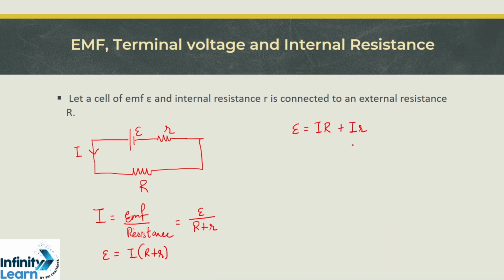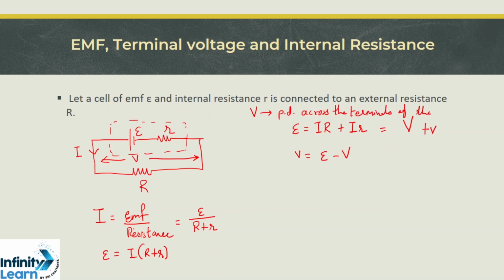I into small r, as already discussed, is nothing but the voltage drop due to internal resistance, and I into capital R will be the voltage drop across this resistor, or you can say it is the potential difference across the terminals of the battery, which we can denote by capital V. So small v can be written as EMF minus V, where capital V is the potential difference across the terminals of the cell.